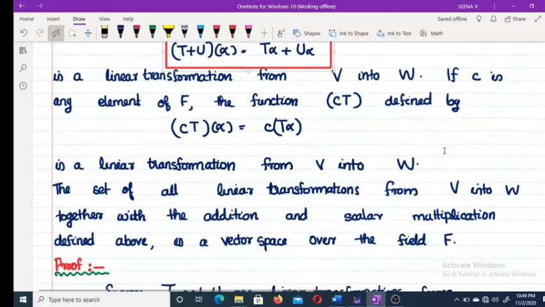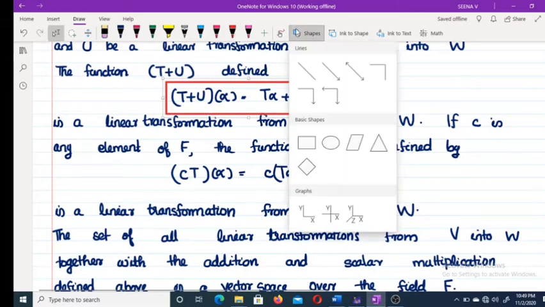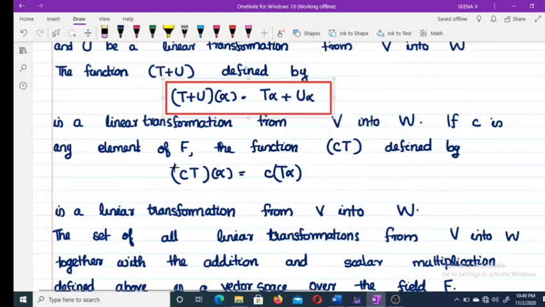For any c belonging to F and T from our set of all linear transformations, cT is defined as (cT) of alpha equal to c T alpha.